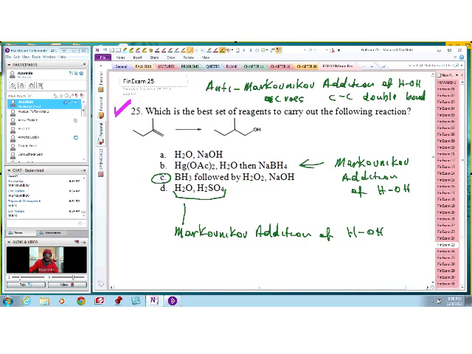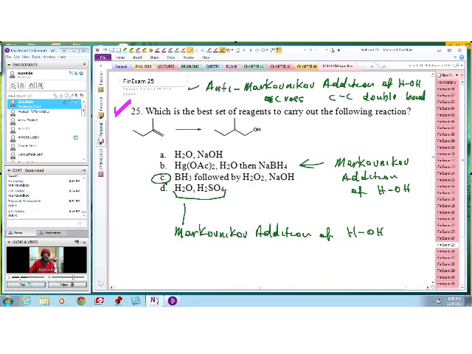Therefore, both the dilute acid and mercury acetate followed by sodium borohydride form the same type of product, Markovnikov addition. On the other hand, the borane followed by hydrogen peroxide in base would be anti-Markovnikov addition of water. So in this case, the answer is C.